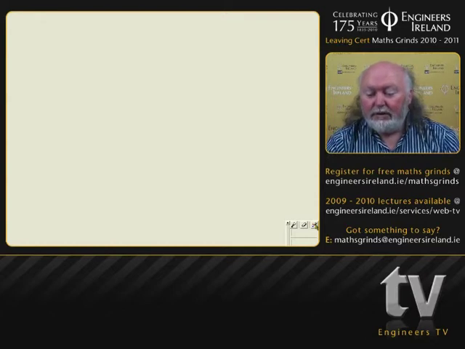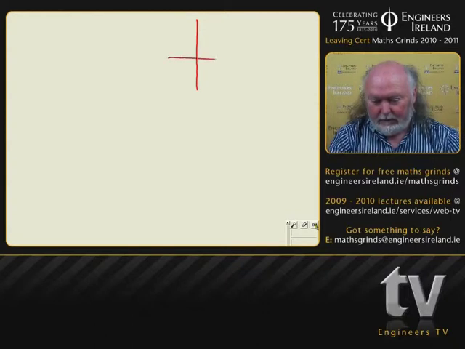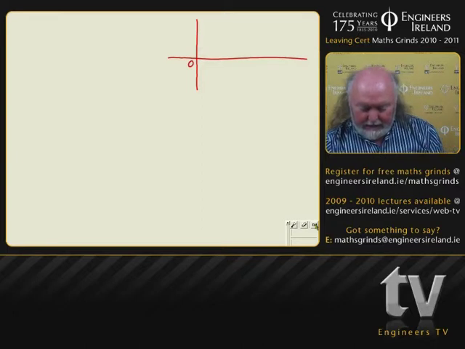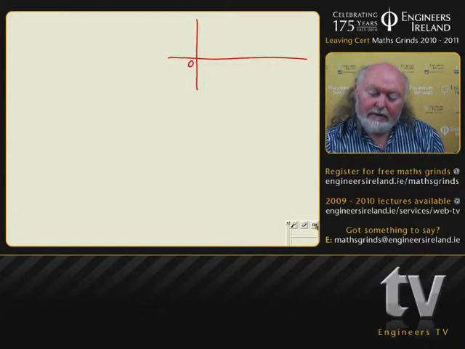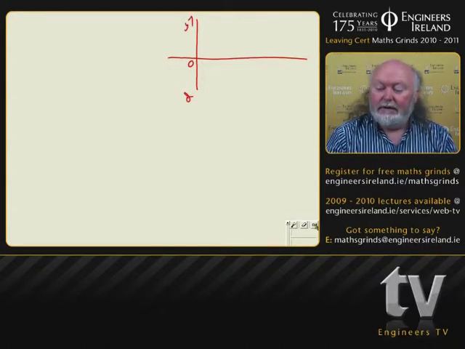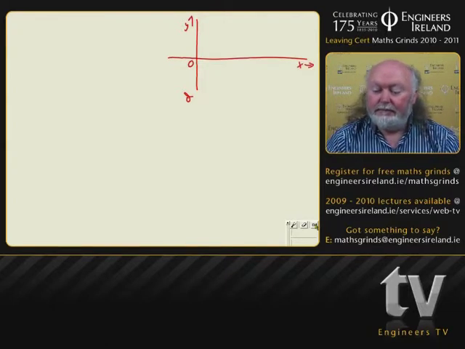We can construct our problem in a particular way. We can put our origin here, and we'll say that the directrix D is the y-axis. This is clearly the x-axis. And we're going to look at our focus.